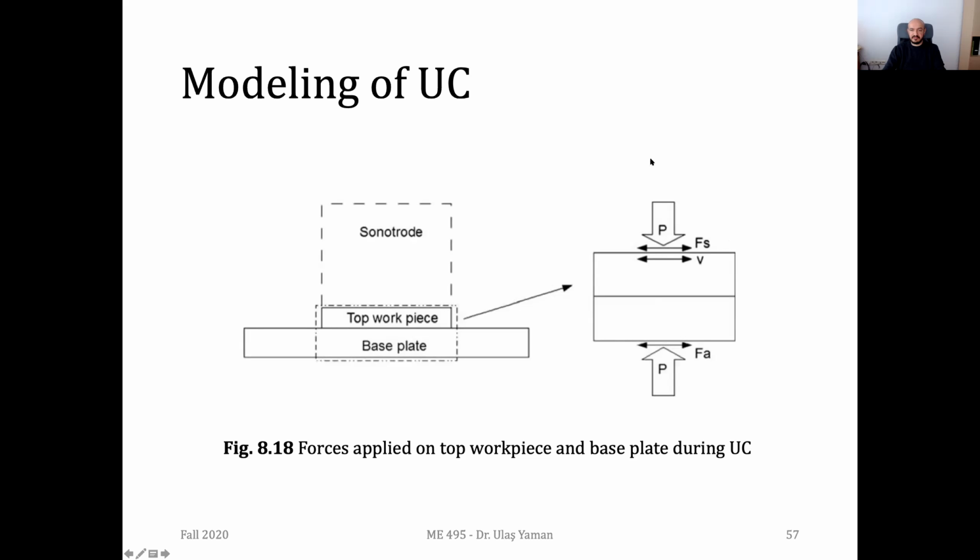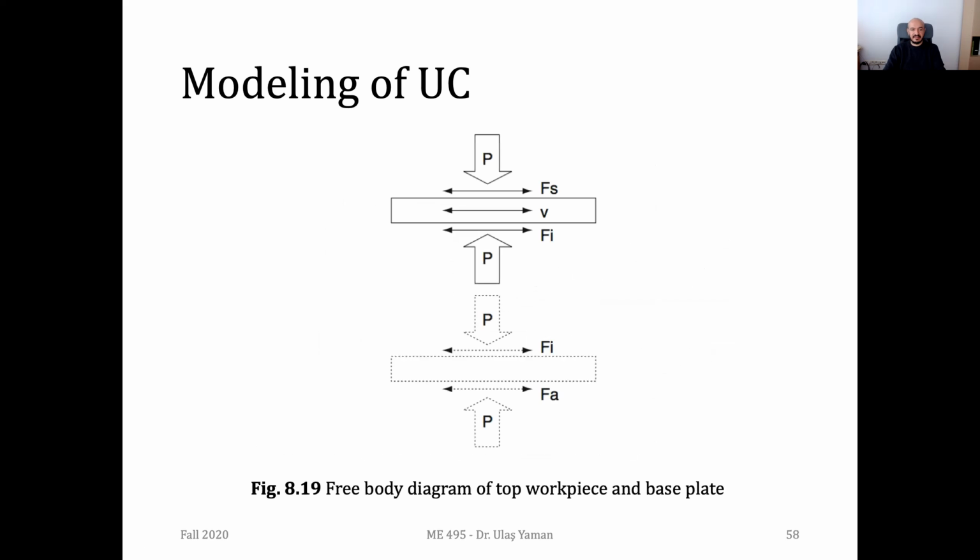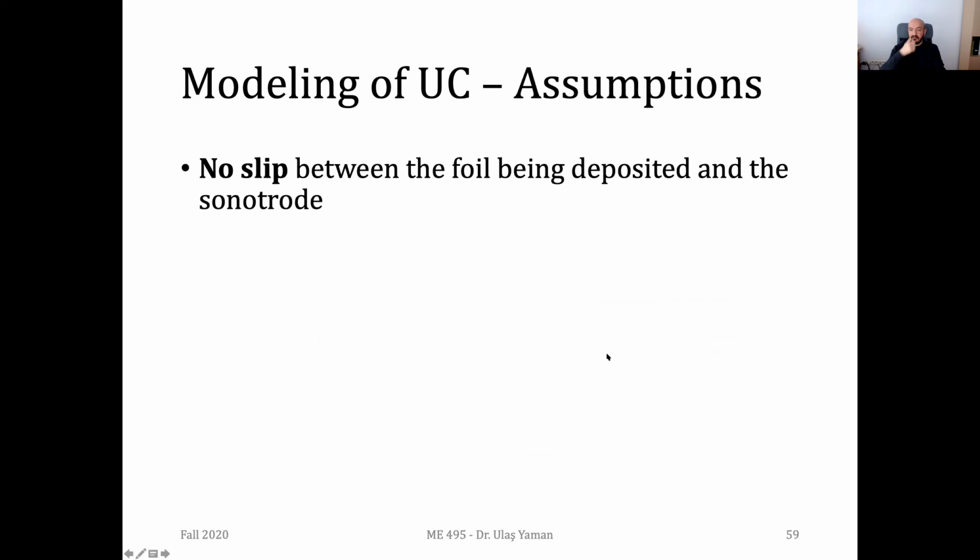We have force applied with the help of the sonotrode. We have the speed, these are moving actually, and we have some shear forces and a force at the interface of the layers. This is the force at the interface, and we have the shear force. Now we can talk about the relations between these forces in some minutes.